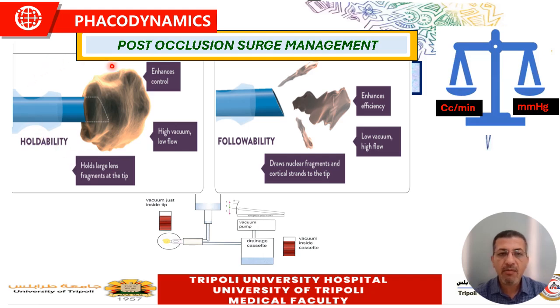The more the vacuum, the more the holding power, and you need this in the first stage of phacoemulsification, where you want to do direct chopping. You need a good holding power of the lens, and also for quadrant removal, you need a good vacuum. So holdability and followability are very important variables that affect your surgical procedures.